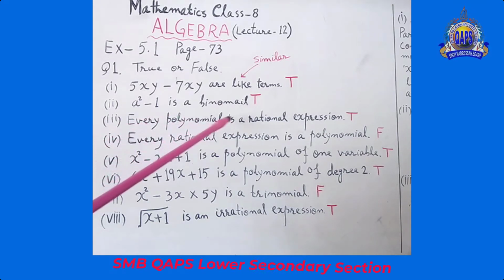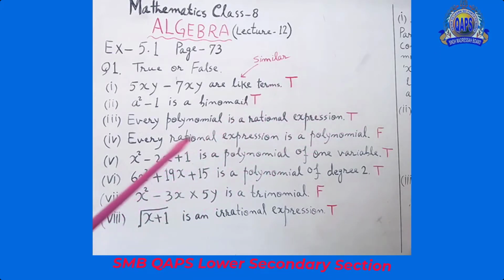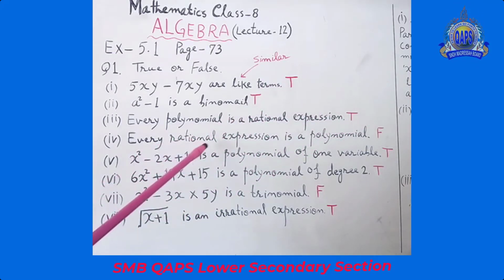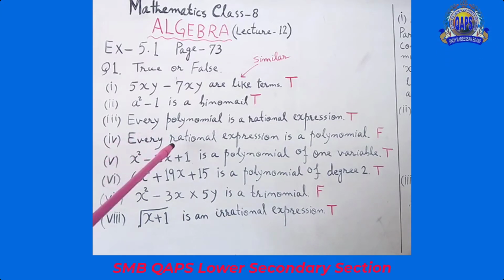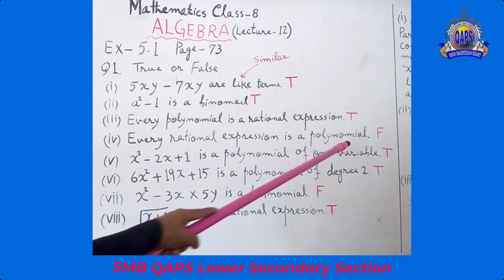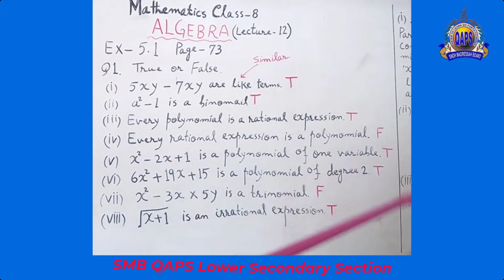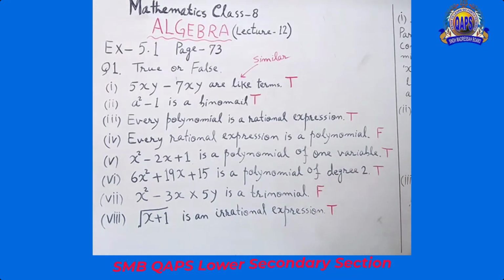Every polynomial is a rational expression, true, but every rational expression is not a polynomial. So, it is written over here, every rational expression is a polynomial. Answer is false. I will write it, then you will understand. I will explain it more. Let me finish this thing.